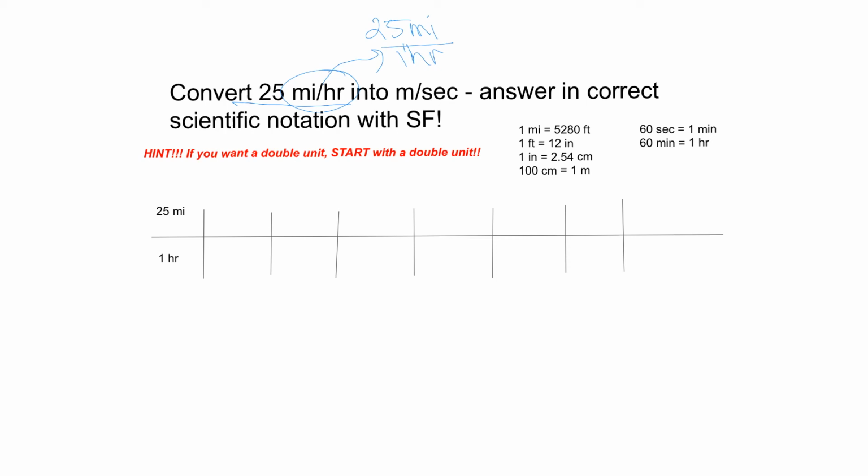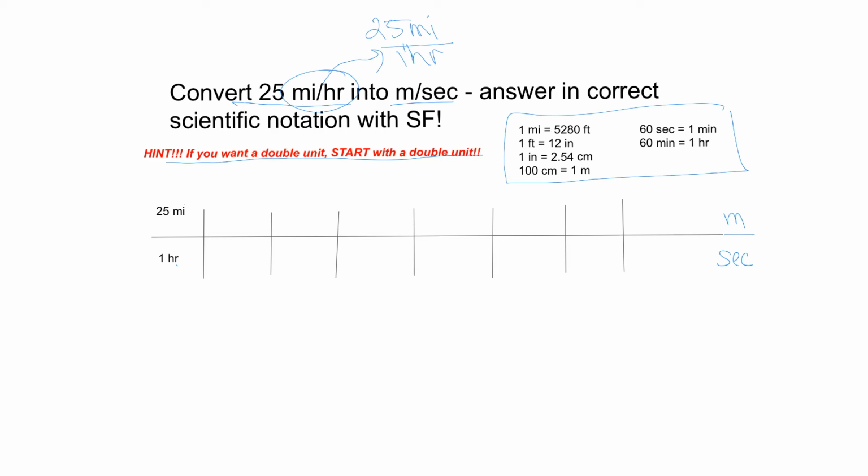Okay? So what I want is meters per second. So I want a double unit. All right? So remember what I said. If you want a double unit, you start with a double unit. So I've got 25 miles in 1 hour. Over here is a shopping list of all the conversion factors I'm going to need.